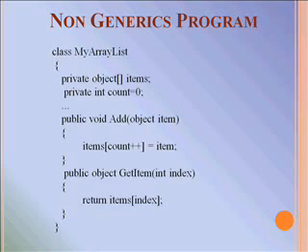This is also a function. Both functions are public. These two functions are globally visible to the whole world, but not this, which is a private thing. So as you can see in this public object get item, get item is the function.